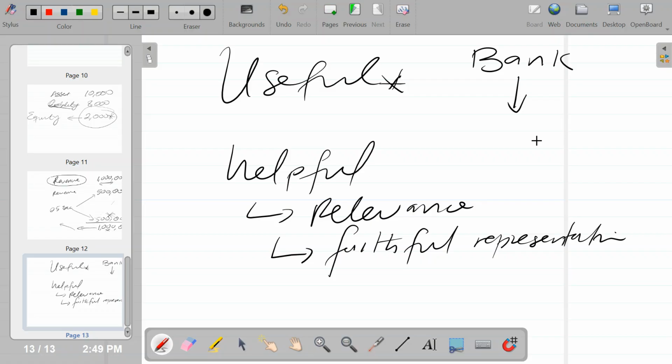Okay, so for example, if a bank wants to give you a loan, they will first have to check your financial statement as to whether or not you can qualify. Normally they check your revenue, then your profitability. So you give them material information about you before they can go ahead and grant you those loans.